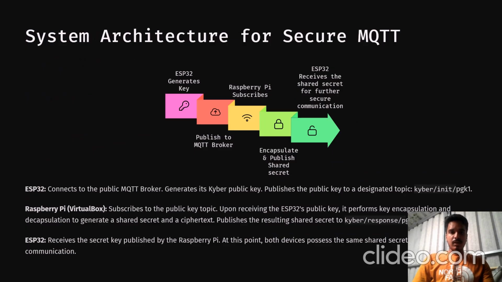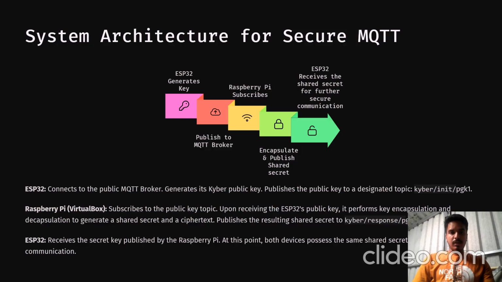So here is how the quantum secure MQTT handshake works in this project. In the first step, the ESP32 generates a public key and publishes it to a topic. Then the Raspberry Pi subscribes to that topic, processes encapsulation on it to generate a ciphertext and a shared secret.